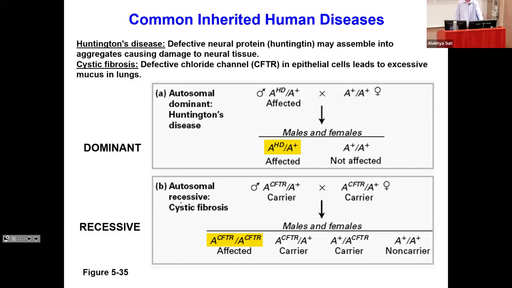Unlike with a recessive mutation, where you would see the disease appear only if both genes are mutated. If just one gene is mutated, it's called a carrier person. So it carries the mutation, but since this is recessive, you would not see the phenotype of the disease. So that's an example of how you would see that in human disease.